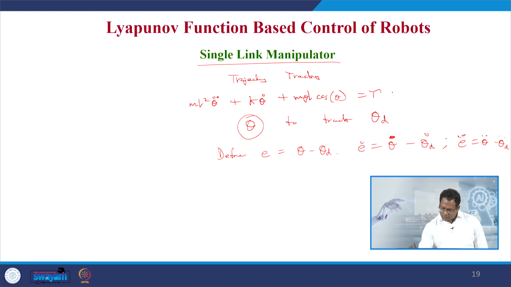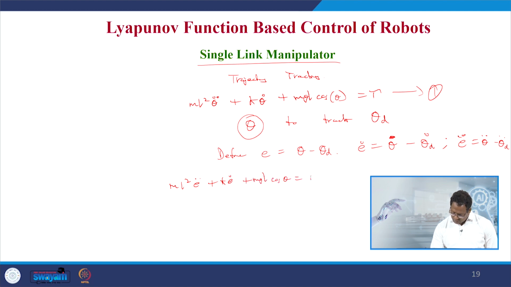So, the above equation number 1 can be written in terms of the error as m L square E double dot plus k E dot plus m g L cos theta equal to tau, which is the error dynamic equation of the system.